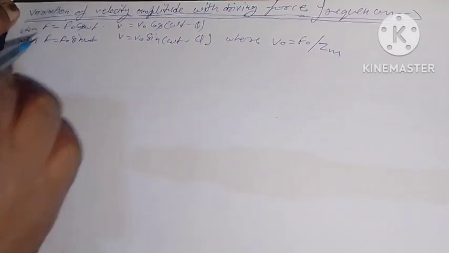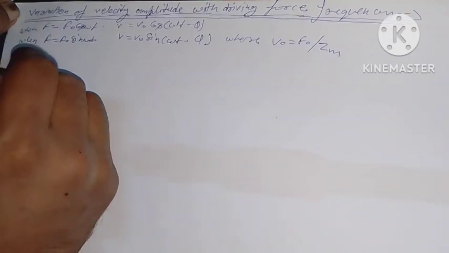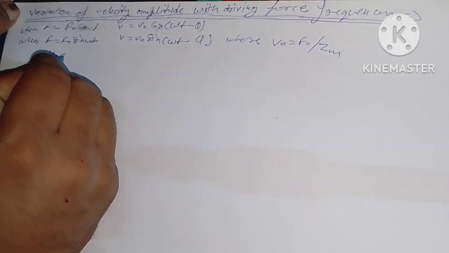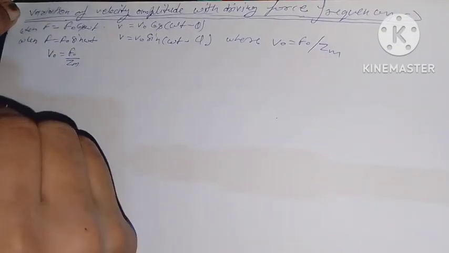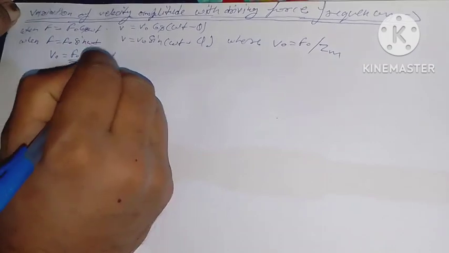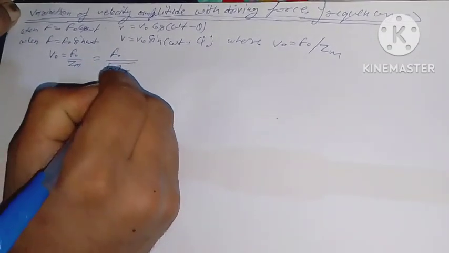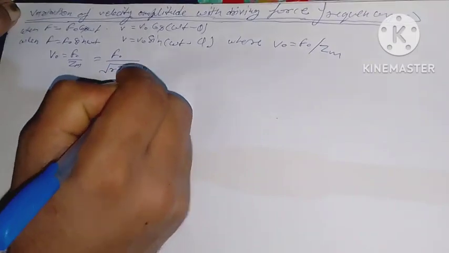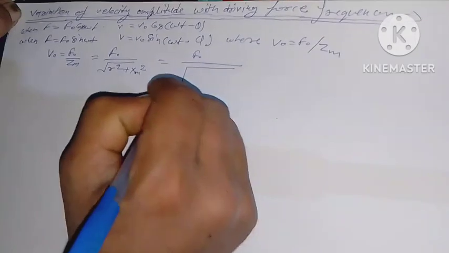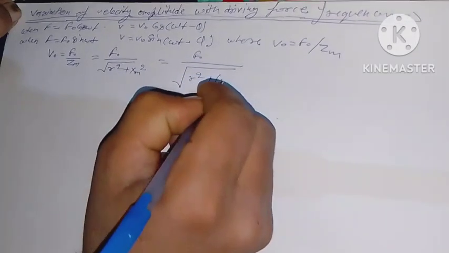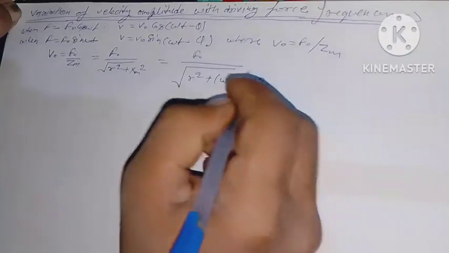And the amplitude of the velocity in each case, V naught equal to F naught by Zm, that is F naught upon under root of R square plus Xm square, that is F naught upon under root of R square plus (omega m minus s by omega) whole square.